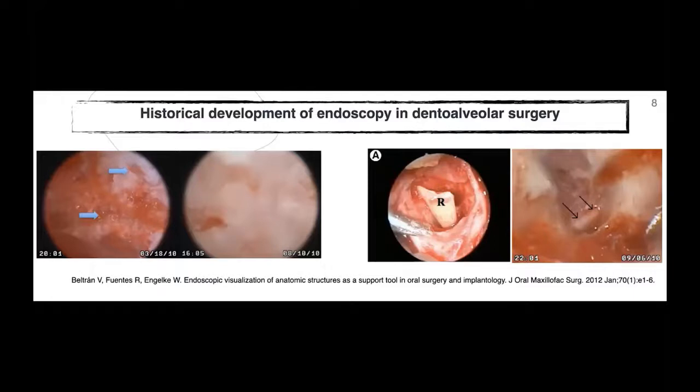In this image on the left, for instance, it is possible to differentiate an implant bed predominantly cortical with poor vascularization. In contrast, you can see here a predominantly vascularized bone structure.